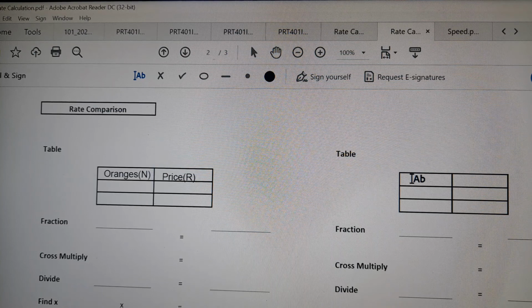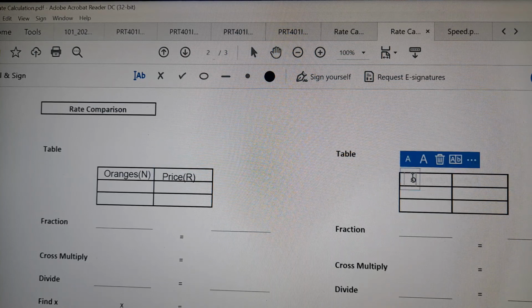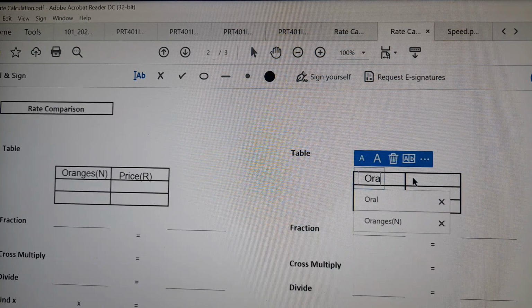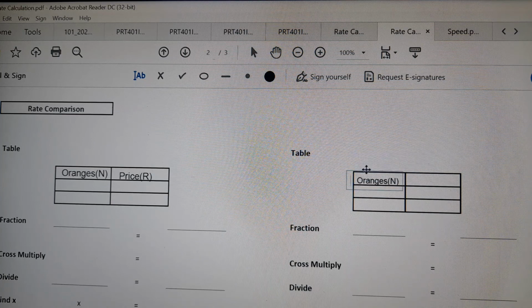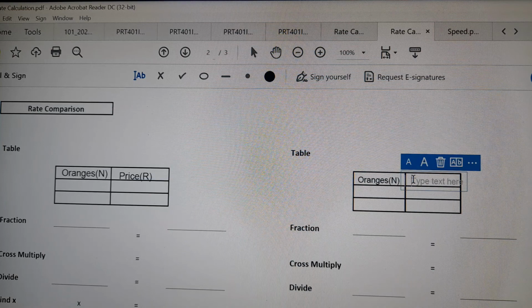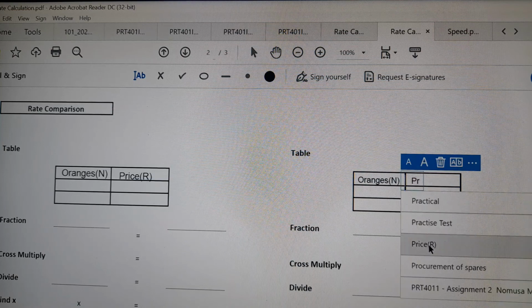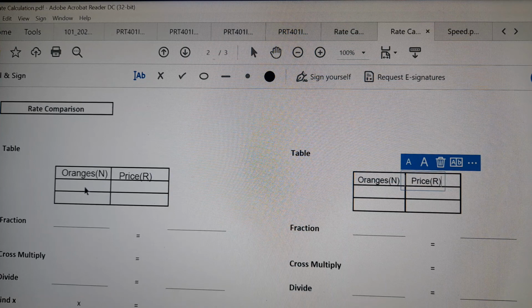So now we're going to do the same. We put oranges in numbers, and we put a price in rands. Now we put for Peter.